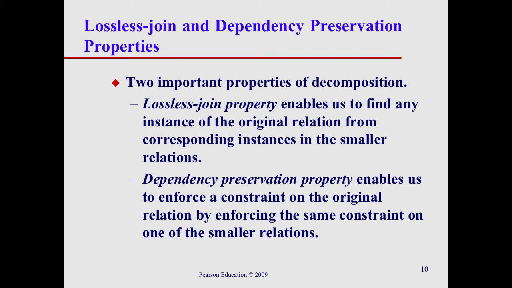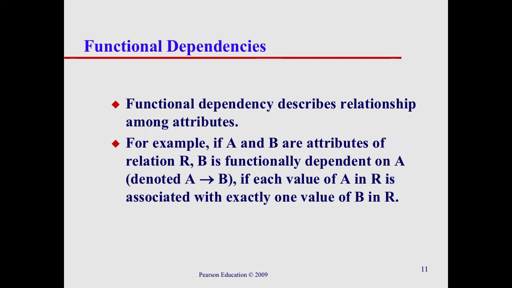So for example, if I really did have a relationship that the branch and the position determine the salary, then that relationship needs to be maintained in at least one of the two decomposed relations. So that's what the dependency preservation property means. Basically, if there's a relationship among attributes, that relationship is still preserved in one of the decomposed relations.